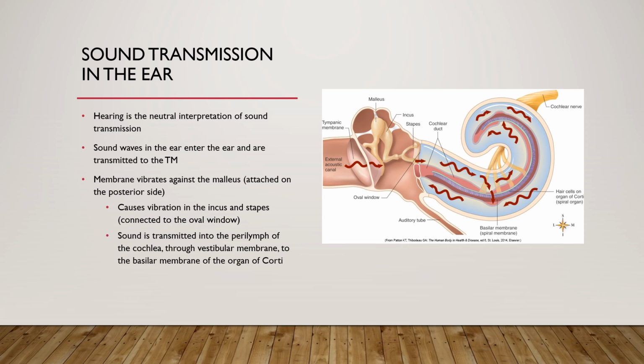Then the sound is transmitted into the perilymph of the cochlea, through the vestibular membrane to the basilar membrane and the organ of Corti. And this image is from your book and it demonstrates the path and traveling of that sound wave then through the cochlea and out.